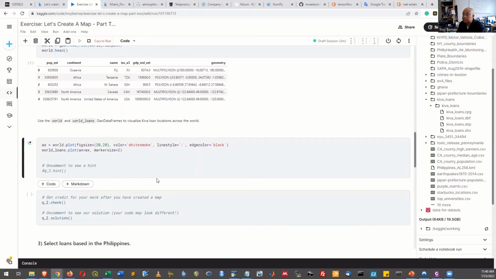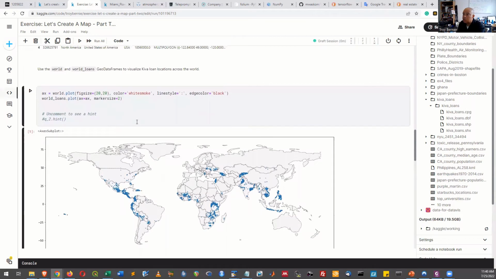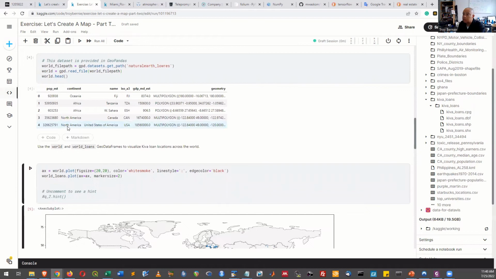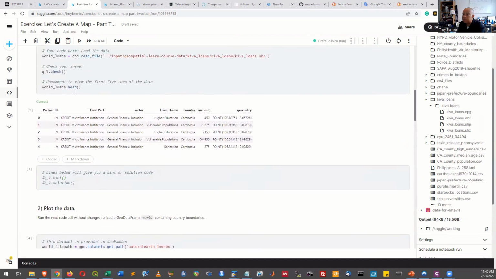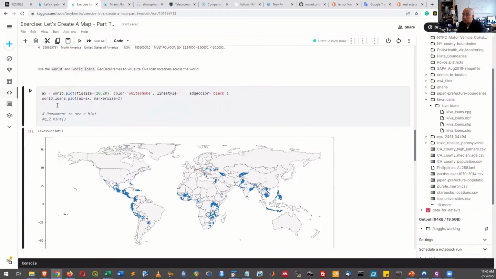Next up. There we go. So what we've done here, going back to world, the world files that were created right here. We're plotting world into a figure, defining a color scheme and format, line styles.